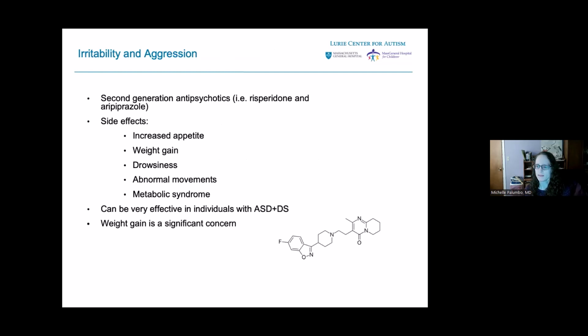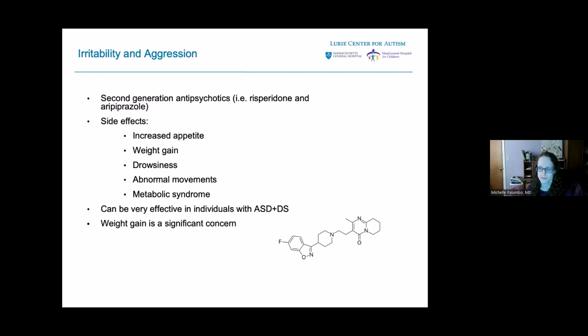The main thing that I probably see the most in terms of autism spectrum disorder and individuals with Down syndrome, in my role as a psychiatrist, is irritability and aggression. As talked about before, we have what we call second generation antipsychotics. We wish they would change the name because we don't really use them for psychosis.